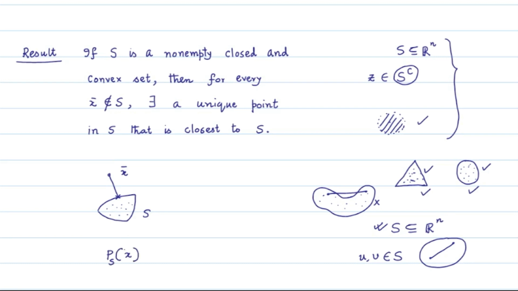P_S of x bar is equal to the unique minimum point of the distance from x bar.